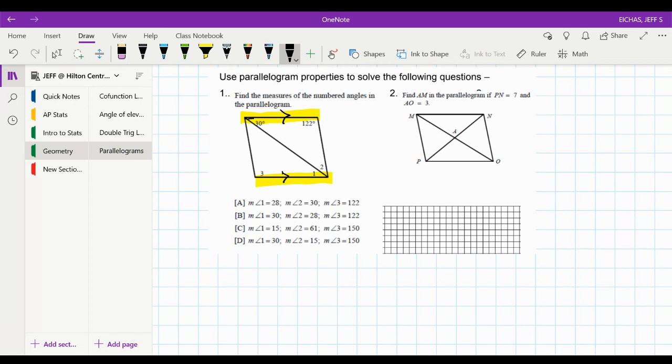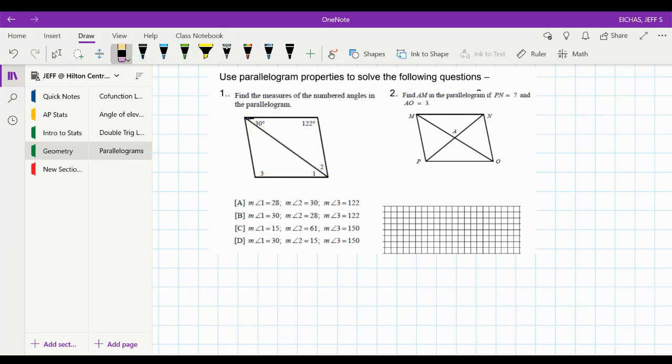Now, if you remember what I taught you in class, you want to look for the Z or the backward Z or the N. So, for instance, here's what I mean. You have right here a backwards Z. The inside corners, angles, so to speak, those are alternate interior angles. And when the lines are parallel, those are congruent. So you know angle 1 is 30 degrees.